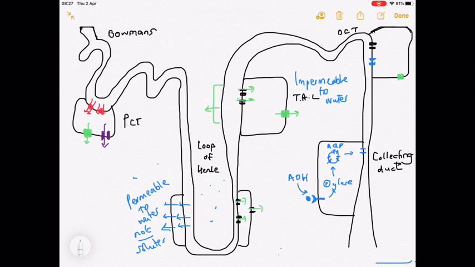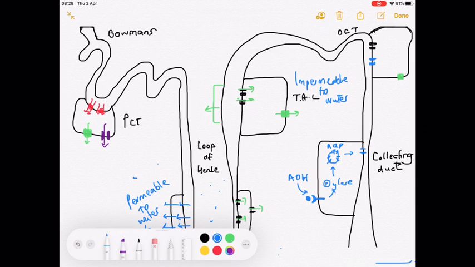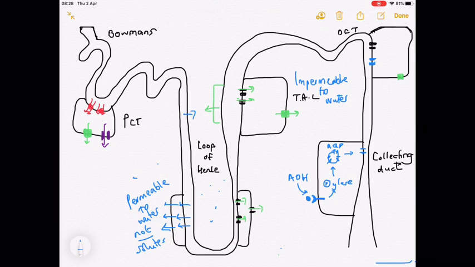So we're constantly moving sodium out. But because it's impermeable to water, water can't follow by osmosis. And as we've talked about in a previous lesson, that's then going to have an effect on the descending limb. So water's going to keep on moving out due to the high amount of sodium.